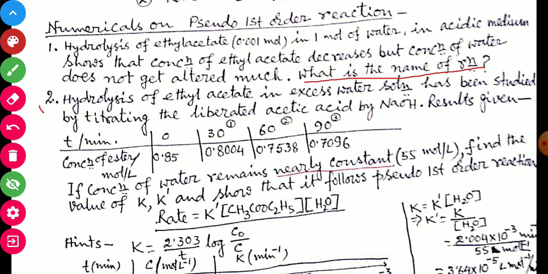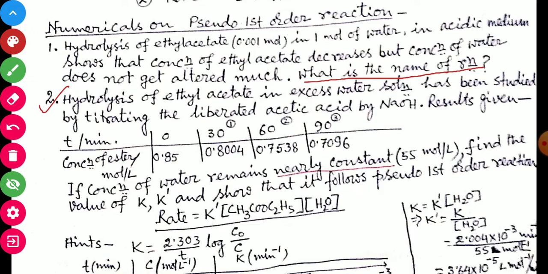Question number 2. Hydrolysis of ethyl acetate in excess water solution has been studied by titrating the liberated acetic acid by NaOH. Results given. If concentration of water remains nearly constant, 55.5 or 55 mole per liter, find the value of k, k', so that it follows pseudo first order reaction.